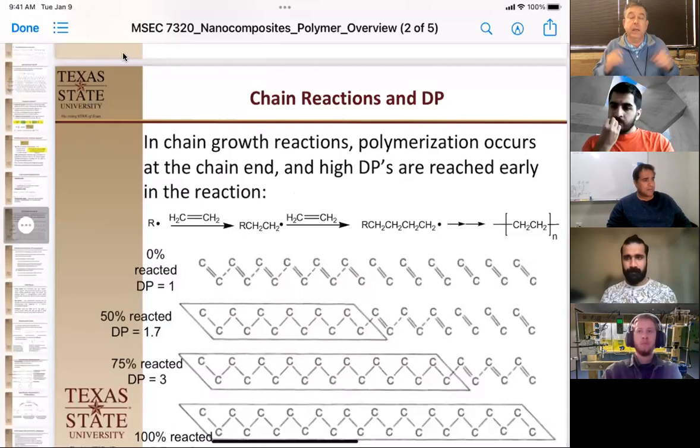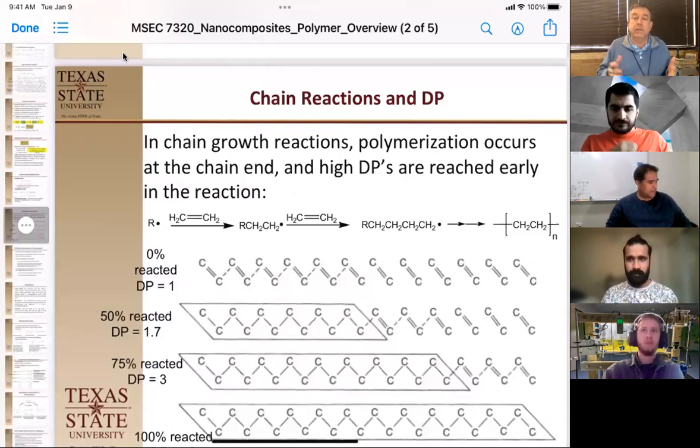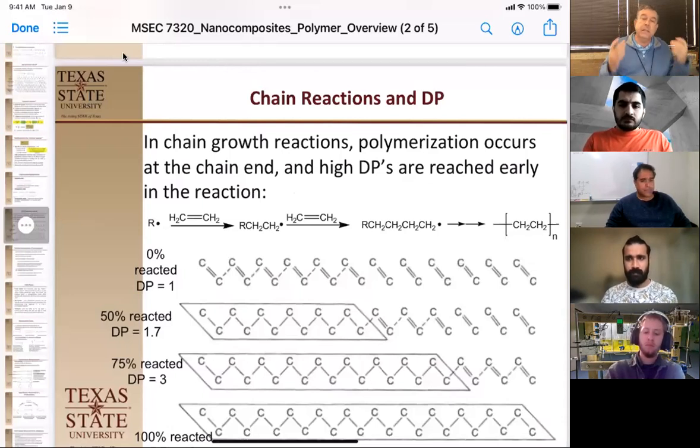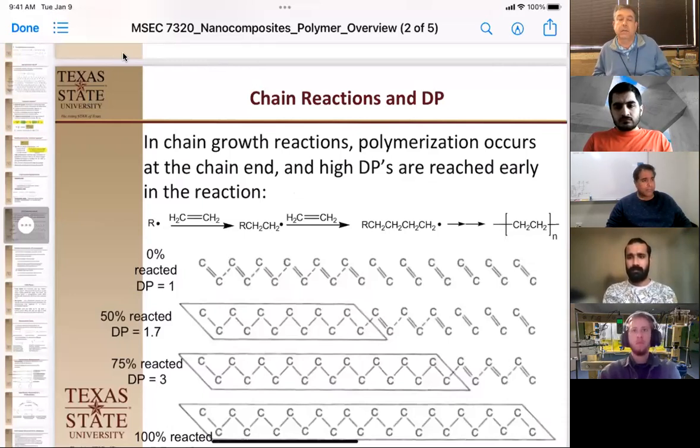So when we last met, we talked about DP, the degree of polymerization. We saw that in the stepwise polymers, because we would hook two monomers together and then two more monomers together, the molecular weight did not increase until the very, very end of the reaction.